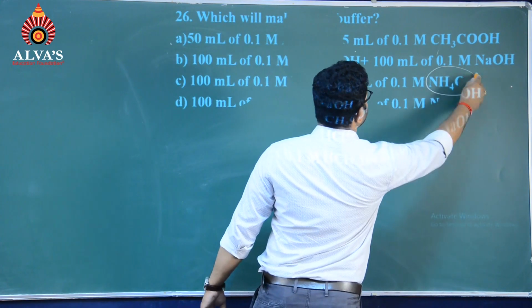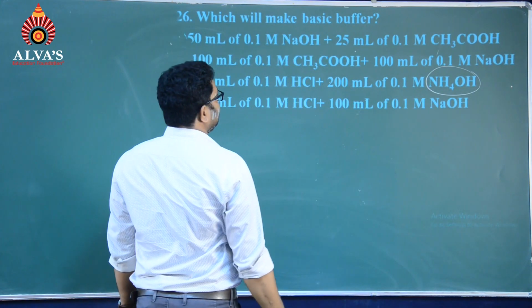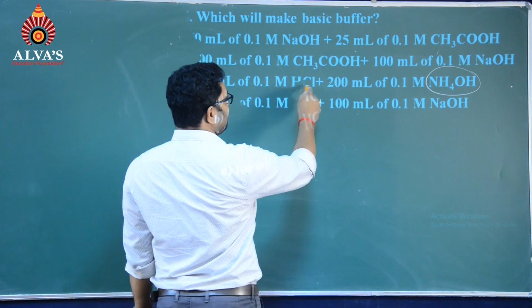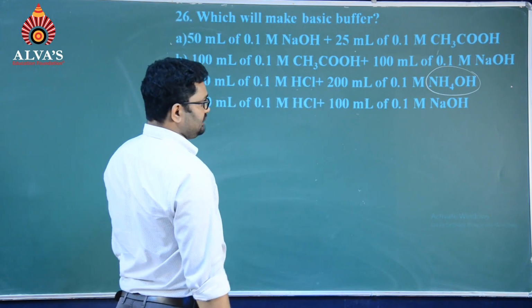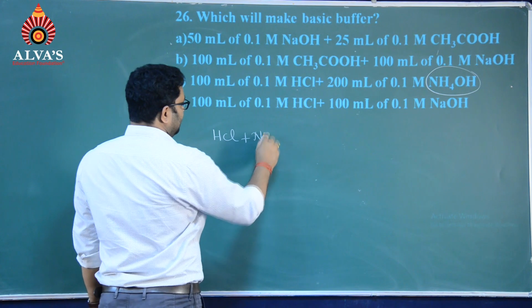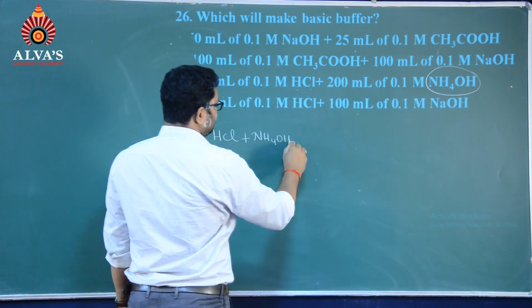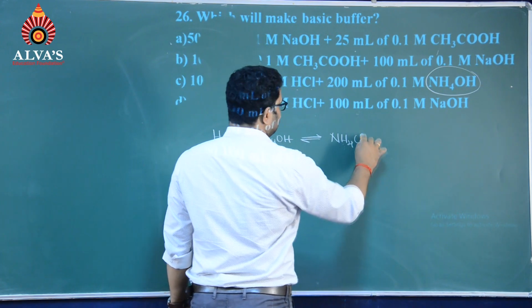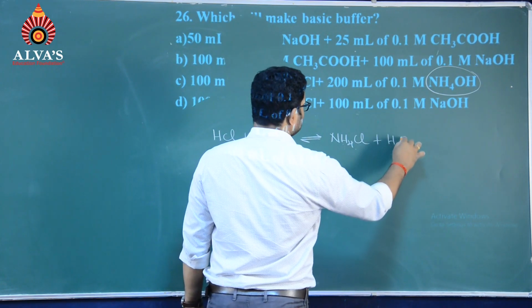Ammonium hydroxide is the weak base. And we have a strong acid, that is HCl. When HCl combines with the weak base NH4OH, we write the equation HCl plus NH4OH gives you NH4Cl plus H2O.